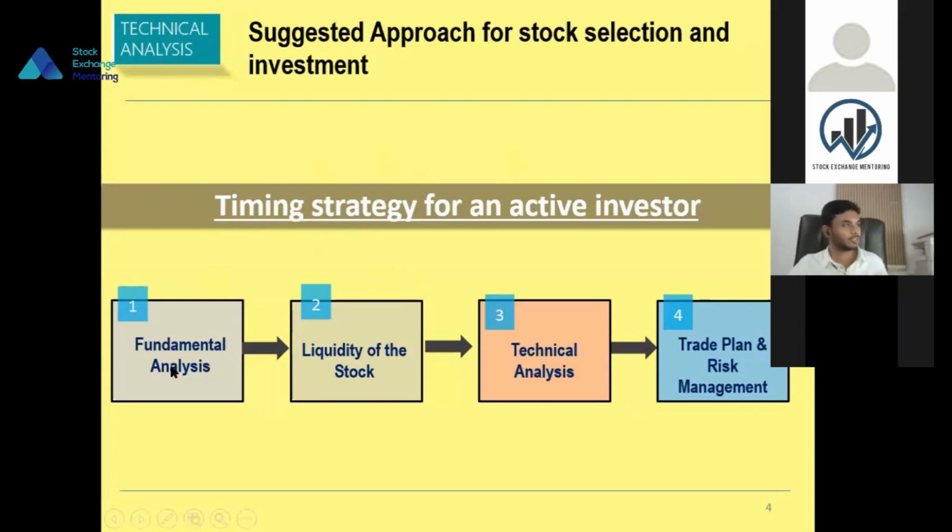Out of all these stocks, the first level of filtering is to identify the fundamentally strong stocks. Once you filter the market to identify the most fundamentally strong stocks, that saves you a lot of trouble, where you will not be wasting your time with those stocks which are not fundamentally strong.